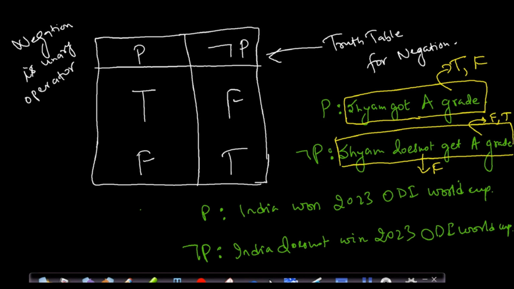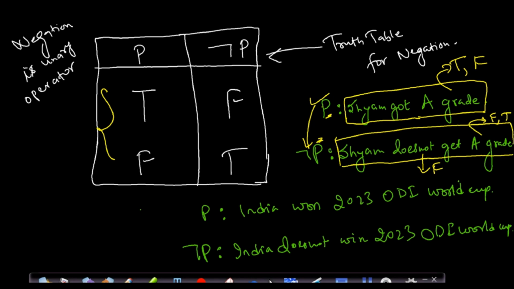So that is what is here in the truth value. When this statement P is true, then this complement is false. And when P is false, then the complement is true.